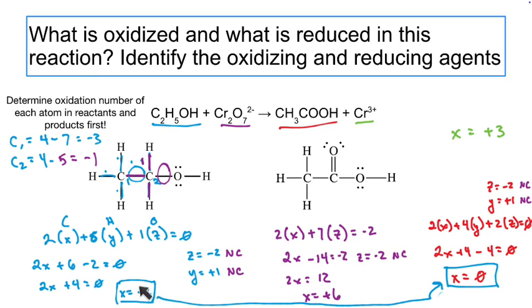Okay? The carbon went from a -2 to a 0. How do we go from a -2 to a 0? Depending on what we've got memorized, that's going to be slightly different. But to go from a -2 to a 0, am I becoming more positive or more negative? More positive.